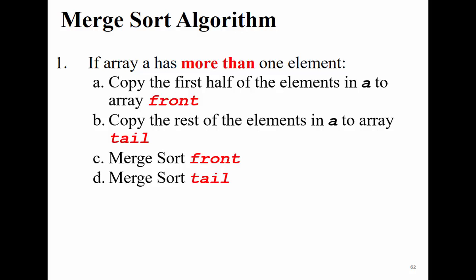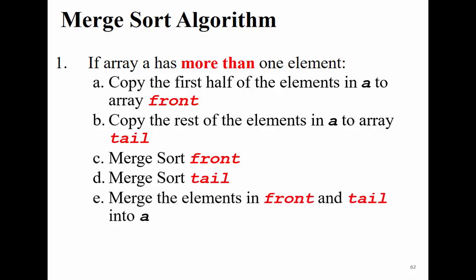That is the recursion. You start with array A, divide it in half into the front and the tail, merge sort the front, and merge sort the tail. Once you finish, you merge the sorted front and tail together. Otherwise, do nothing, which means you have an array of 1 element. That is the base case.